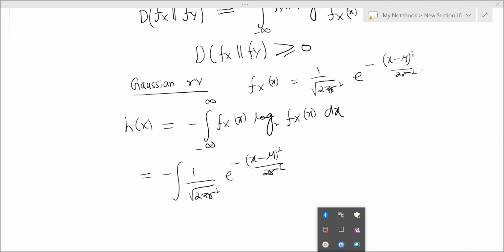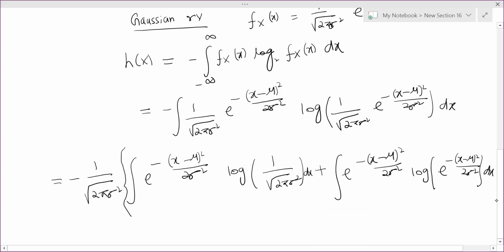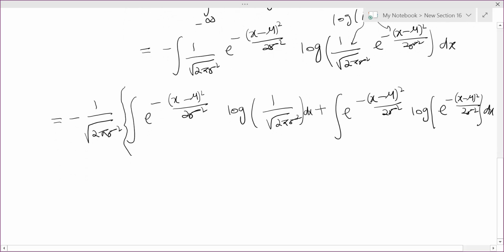So I will skip a little bit of algebra. Okay, so it's a very simple step. I have used log of AB is equal to log of A plus log of B. This is your A, this is your B, and we get this result. Now log of 1 over root 2 pi sigma square is minus log of root 2 pi sigma square. So this will be minus minus plus.